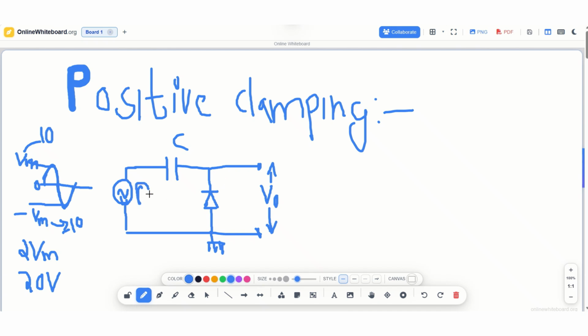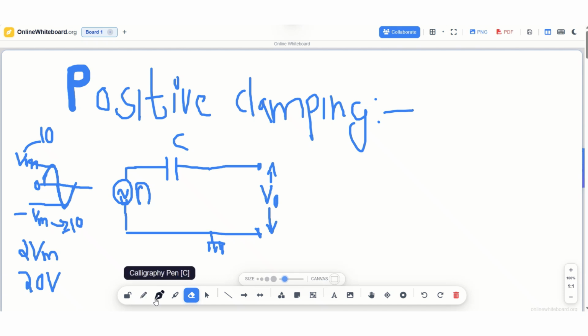During the positive half cycle of the input sinusoidal signal, the diode becomes reverse biased, which means the diode becomes an open circuit. No action takes place at the output. This will also be observed in the simulation experiment.